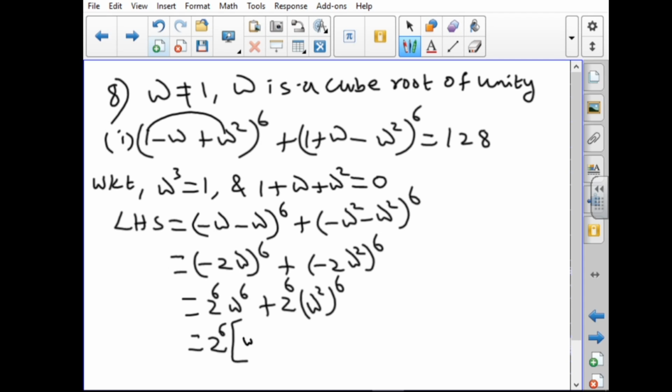Omega power 6 is nothing but omega cube square, plus omega square power 6 is omega power 12, and omega power 12 is nothing but omega cube power 4.